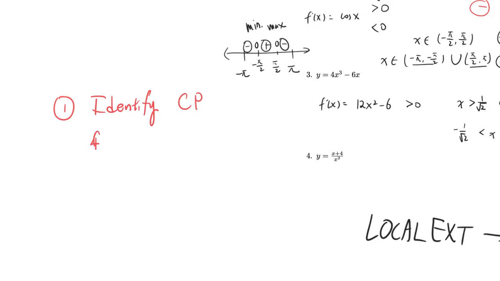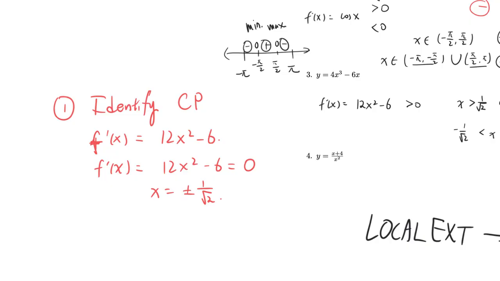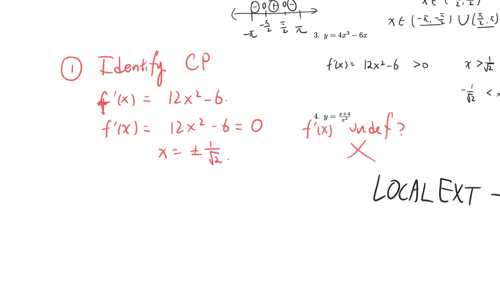We do this by first finding f prime of x. f prime of x is 12x squared minus 6, and f prime of x now needs to be equal to 0. That happens when x equals plus or minus 1 over root 2. Then you consider whether it's possible for this to be undefined, and it's not. So these are our only critical points.